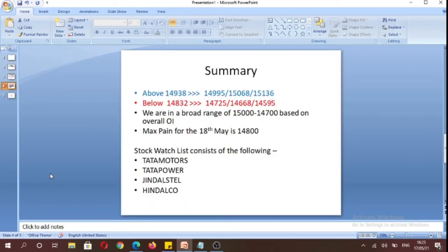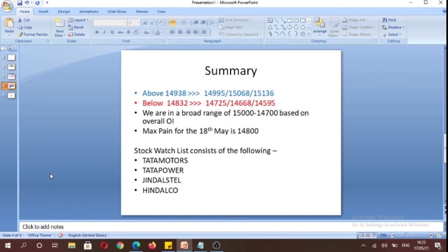Finally, before ending this video, I'd like to summarize that tomorrow above 14,938 levels, we can potentially trade towards 15,068 levels, and below 14,832 levels, we can potentially trade towards 14,668 levels on the index. And broadly speaking, we're in a range of 300 points overall between 15,000 and 14,700, and the max pain level for this weekly expiry contract is at 14,800.